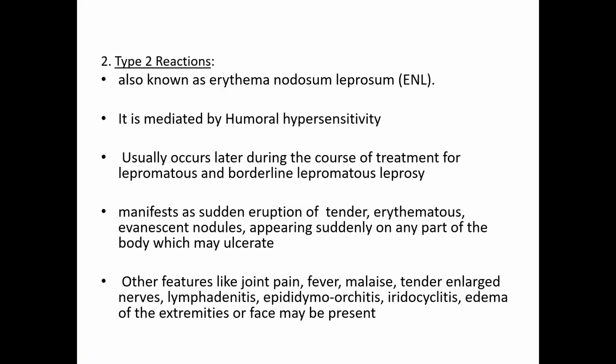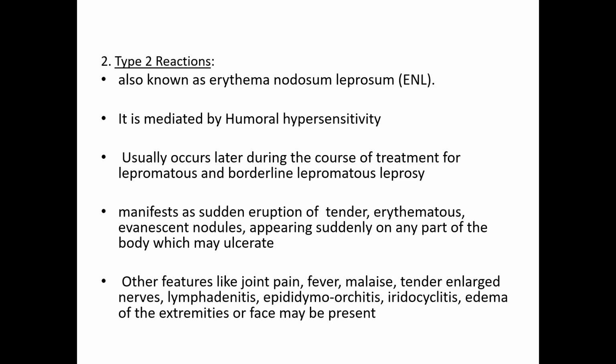In case of type 2 reactions, this is also known as ENL, that is erythema nodosum leprosum. It is an immediate humoral hypersensitivity reaction. It usually occurs later during the course of treatment for lepromatous leprosy or borderline lepromatous leprosy.